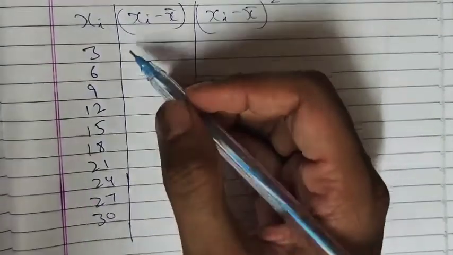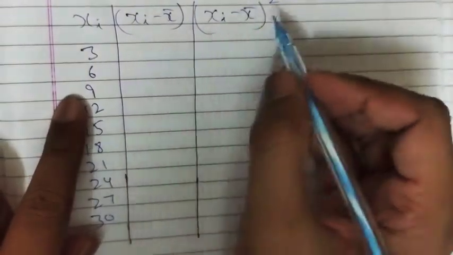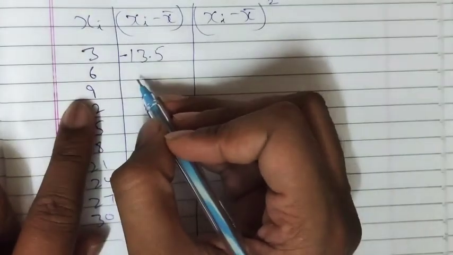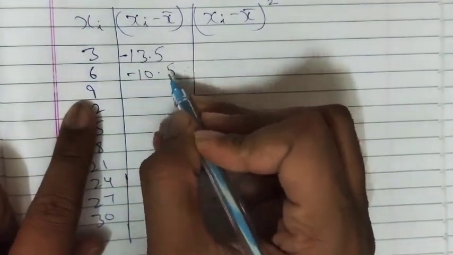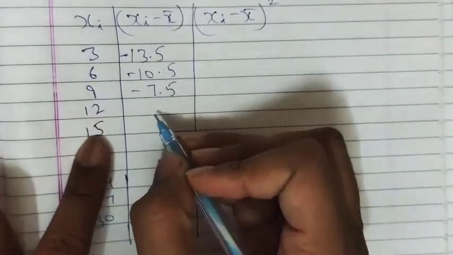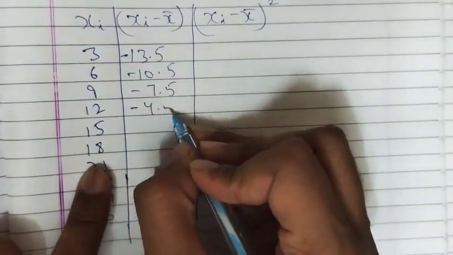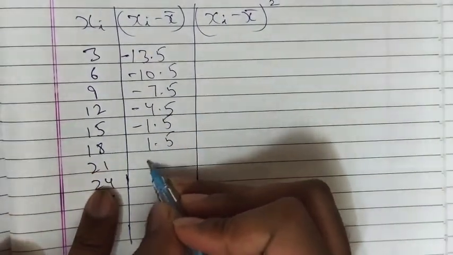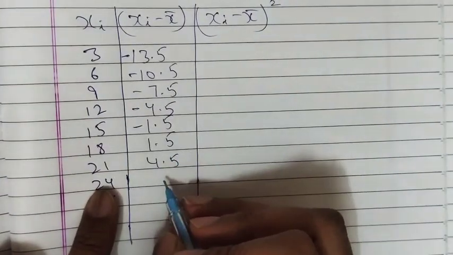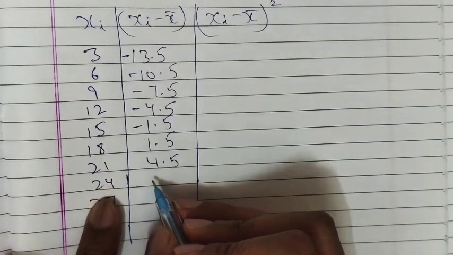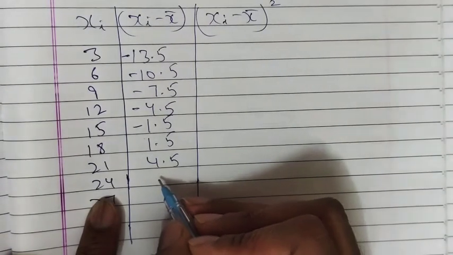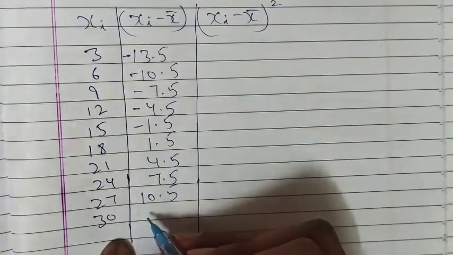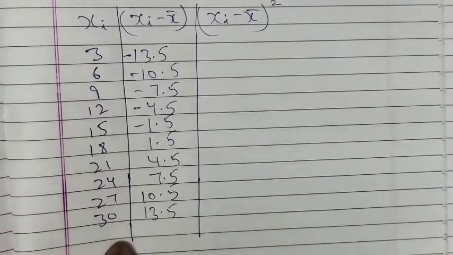And for xi minus x bar, 3 minus 16.5 is minus 13.5, then minus 10.5, minus 7.5, minus 4.5, minus 1.5, 1.5, 4.5, 21 minus 16.5 is 4.5, and this is 7.5, 10.5, and 30 minus 16.5 is 13.5, right?